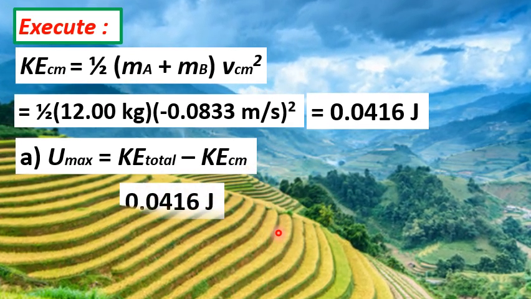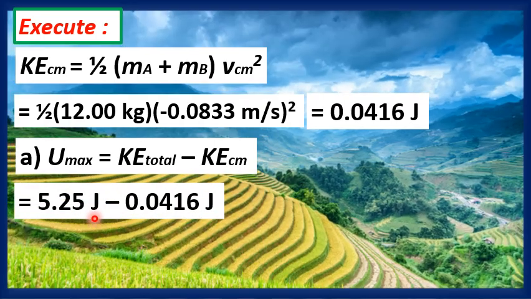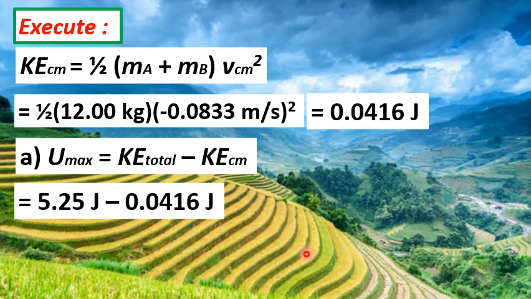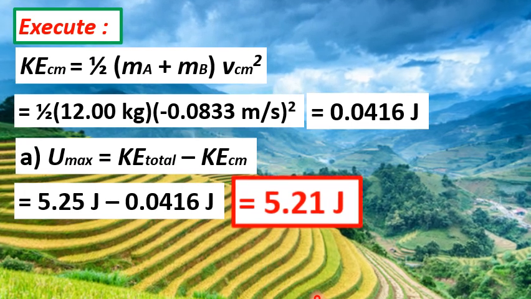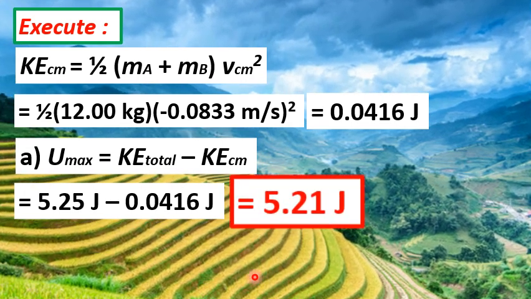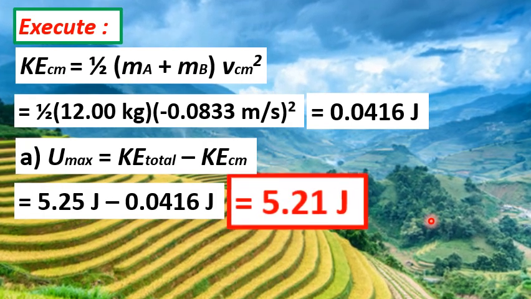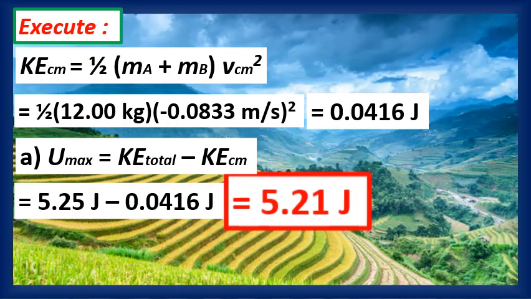That is, capital U max equals 5.25 joules minus 0.0416 joules. So we get the value of the maximum potential energy stored in the bumper's spring equal to 5.21 joules, also in three significant figures.